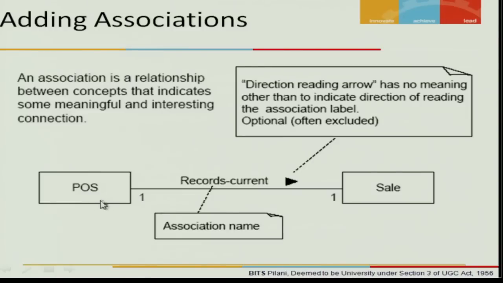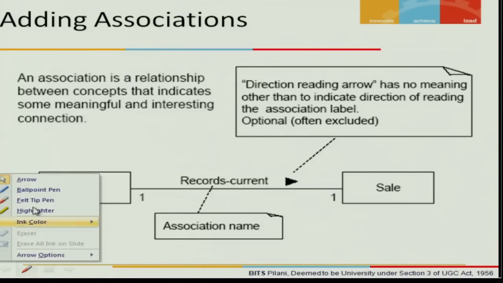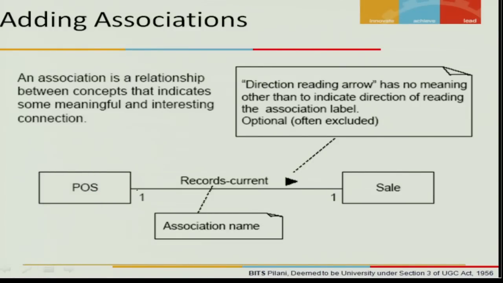Now as we know, domain concepts are joined with a line called an association. So this particular line is called an association between domain concepts. Now it should have some meaningful relationship label, for example POS and sale.